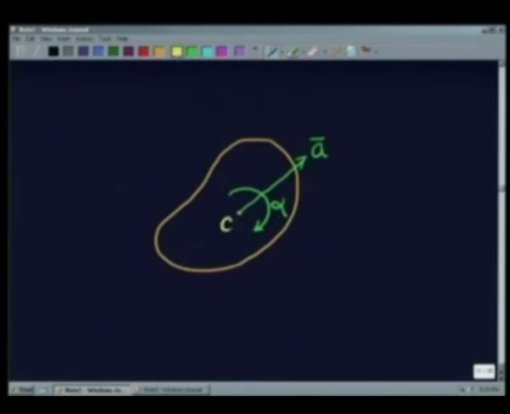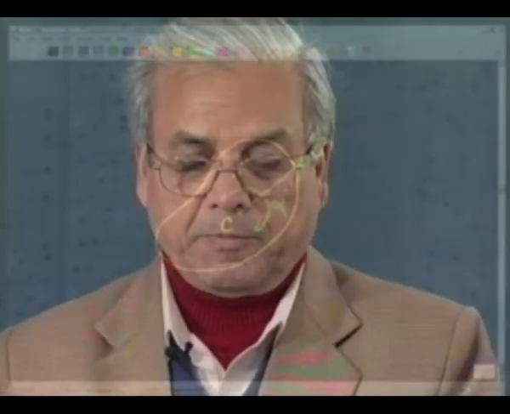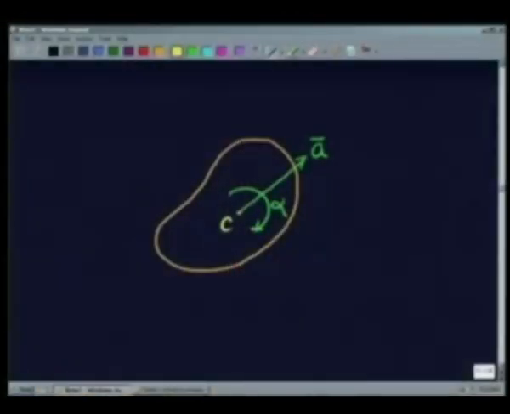Now, as you know from your basic courses in dynamics, if a particular point, the center of mass, which plays a central role, has its velocity or acceleration and angular acceleration about an axis passing through it given, that completely describes the motion of this rigid body. If the initial conditions are known, we can find out the final values.